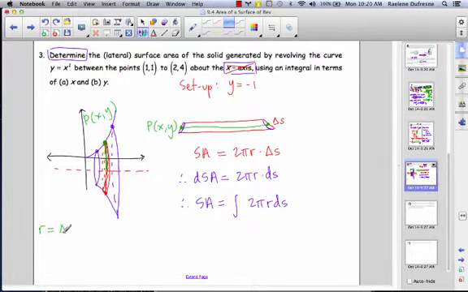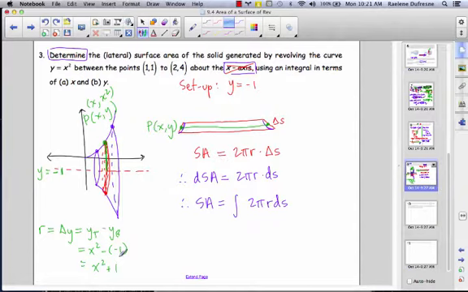So our radius is a change in y, so we have y top minus y bottom. And y top in this case is, we could either call it y or we could express it in terms of x. But y bottom cannot be expressed in terms of x, so we are going to have to change y top into x squared.